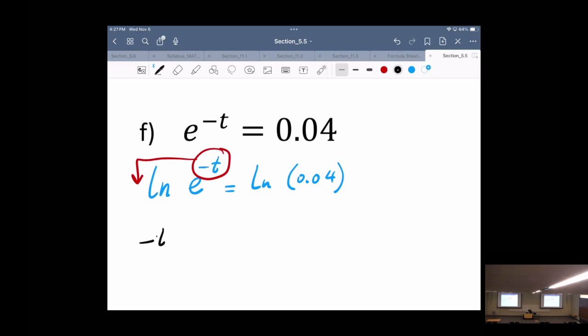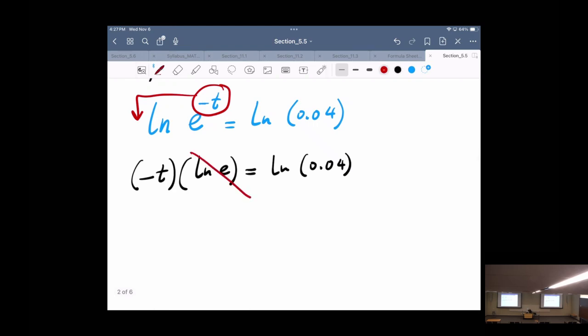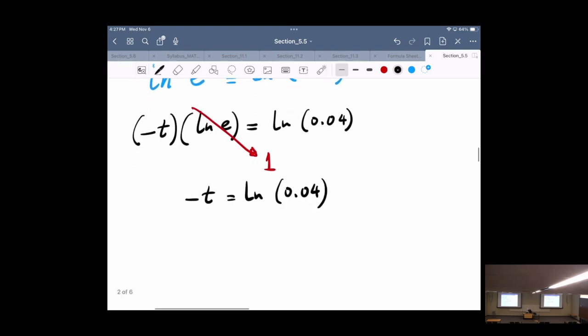So we say minus t times natural log of e equals natural log of 0.04. Now, we know natural log of e is equal to 1. So that gives us minus t on the left equal to natural log of 0.04.